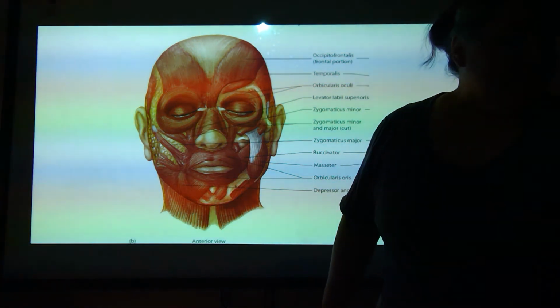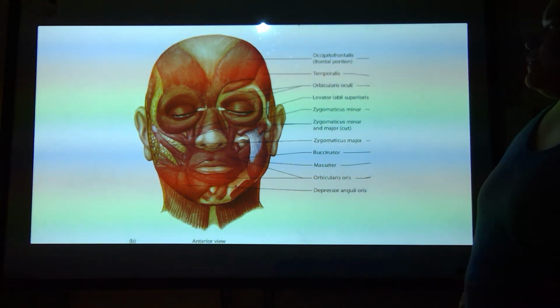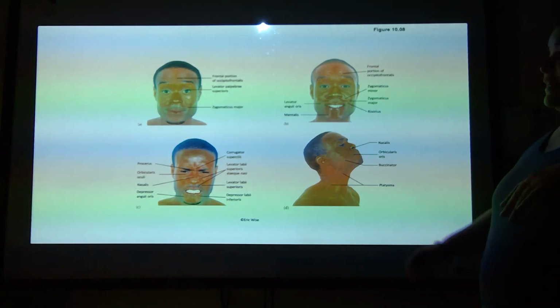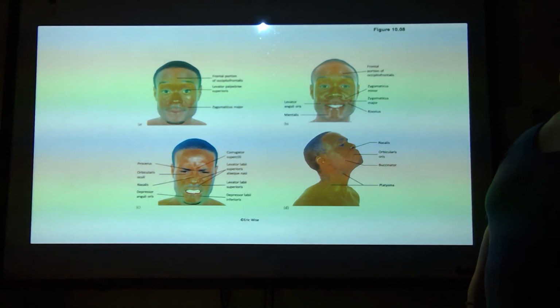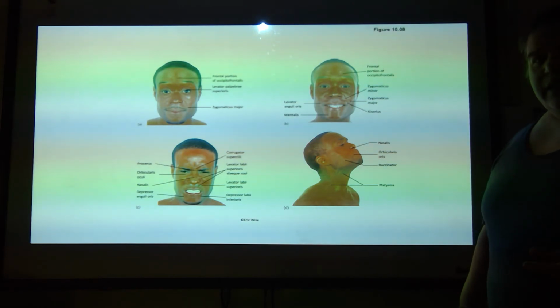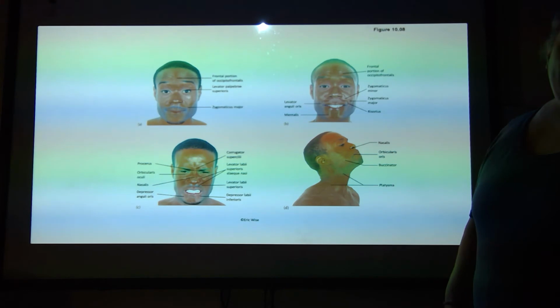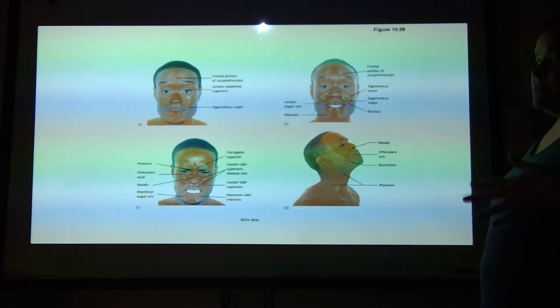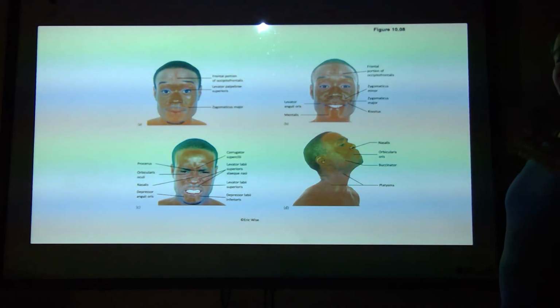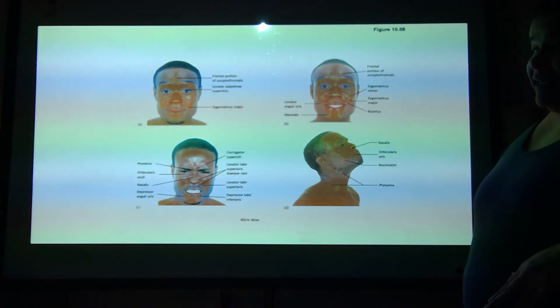Now, in your book, they give you this with a whole host of other muscles that you can't see. I will admit they are the deeper muscles of the face, but I wanted you to have actual pictures of the muscles themselves.